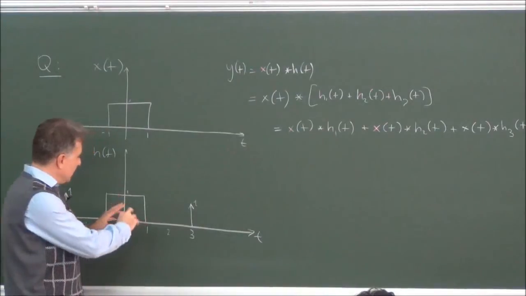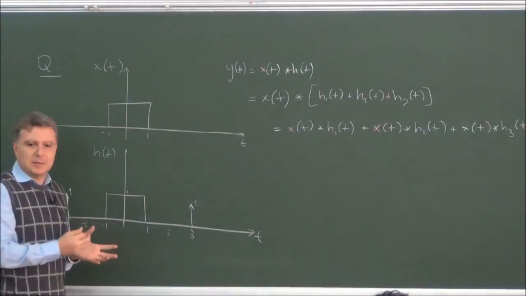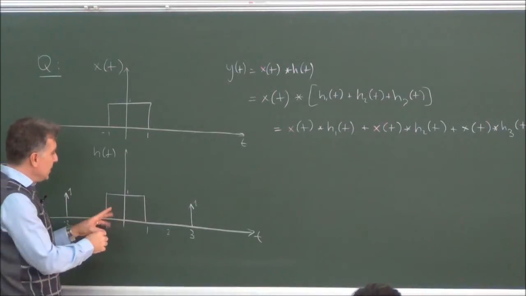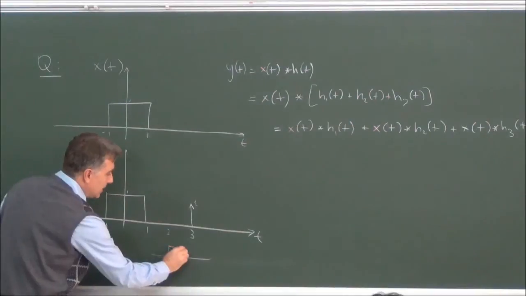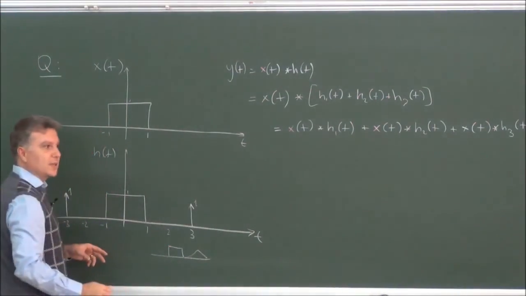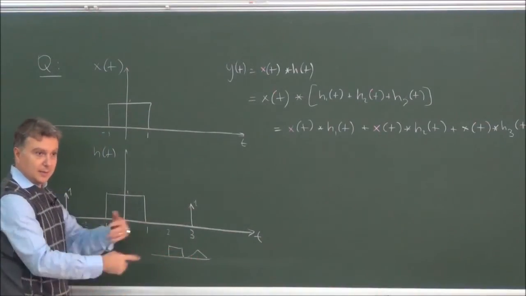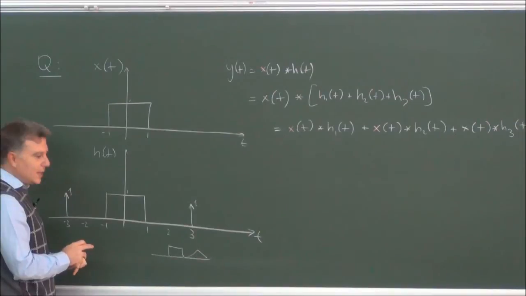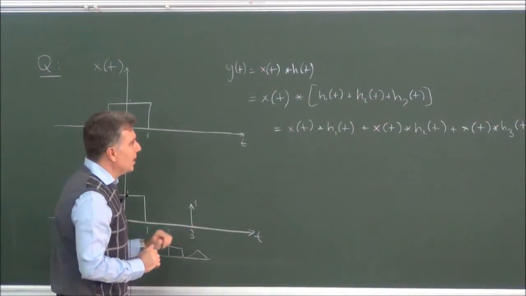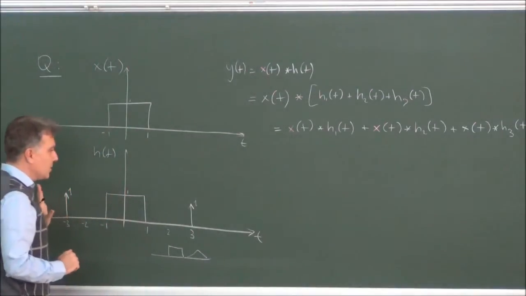So whenever these pieces can be handled separately, please handle them separately. It could be the case that this figure is something like a rectangular shape and a triangular shape, for example. First convolve with this rectangle and then convolve with this triangle separately, and then add up the combination. Okay, that's a good idea to do. So this is the first thing that I want to point out here.